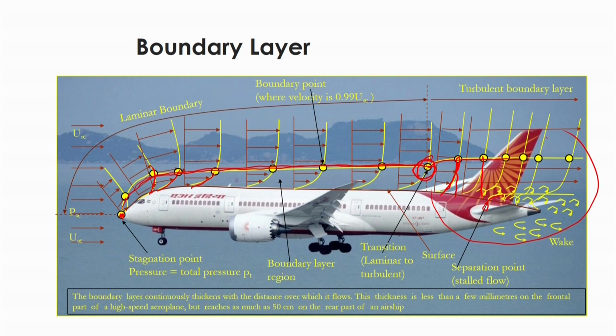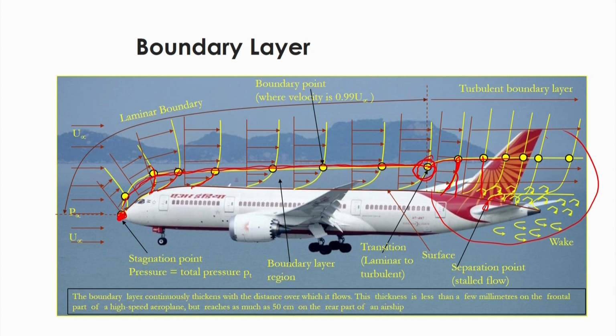Now, observing this figure, we have another important point, called the stagnant point. The stagnant point is at the face of this aeroplane. At this stagnant point, the stagnation pressure will be equal to the total pressure, whatever pressure is exerted by the free stream velocity when it is pushed against the nose, or mouth, of this aeroplane.